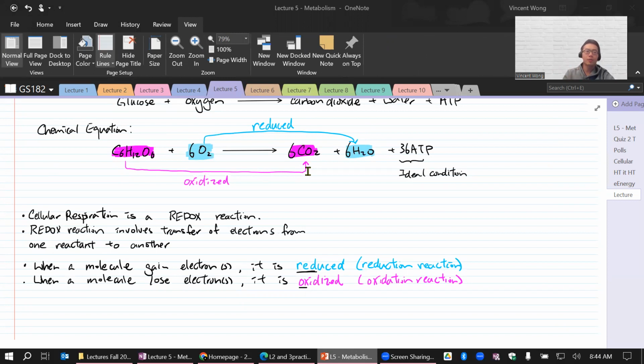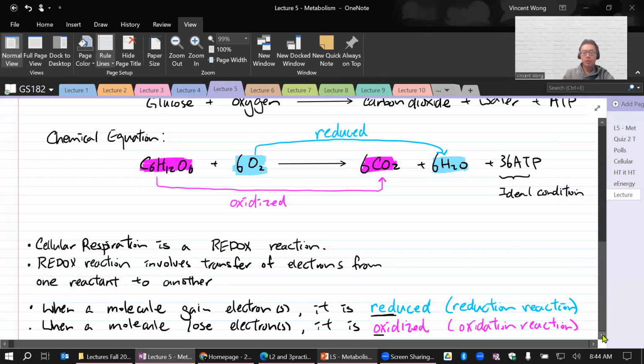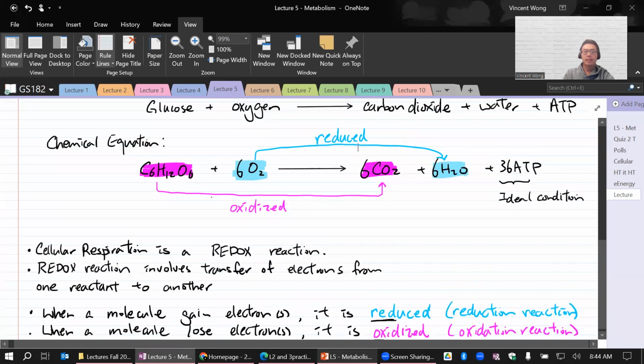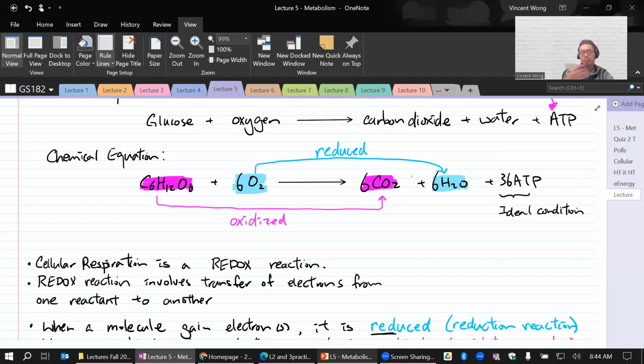Okay, so that's what cellular respiration is. Let's take a closer look at what's going on in this thing. Now, even though we have a single reaction here, right, that starts with the reactants and becomes the product, the actual reaction is not happening in a single step. There are many steps in between.